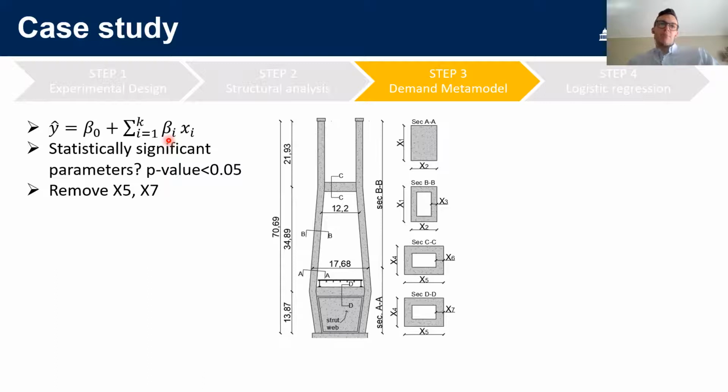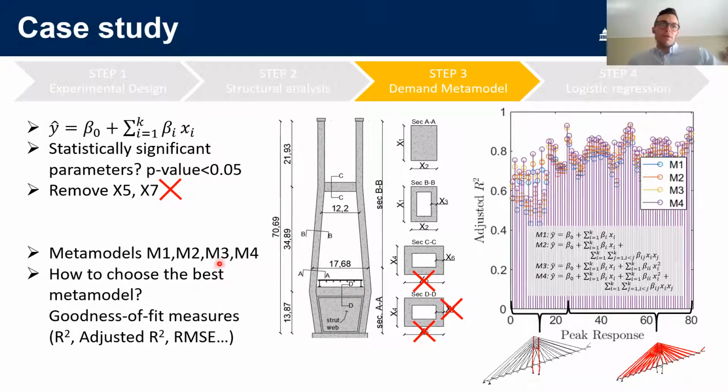We can do that by checking, for example, the p-values and performing a backward selection process, based on which I remove from the further analysis the contribution of these two parameters, the size of the cross section of the lower struts and the thickness of the lower strut. Then, once we're confident that all the design parameters we have are statistically significant to determine the peak responses, we can build more accurate metamodels.